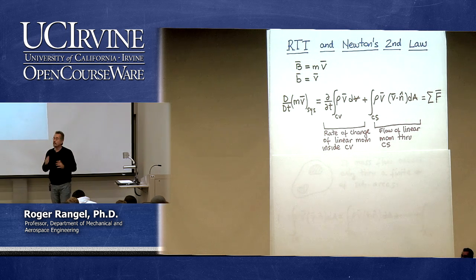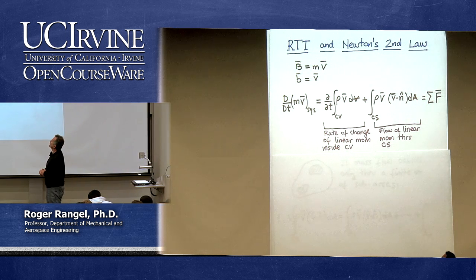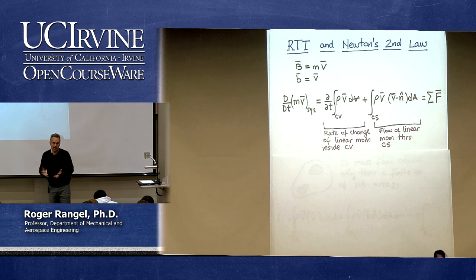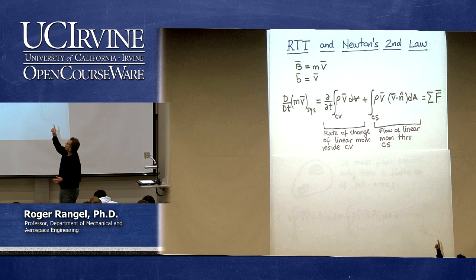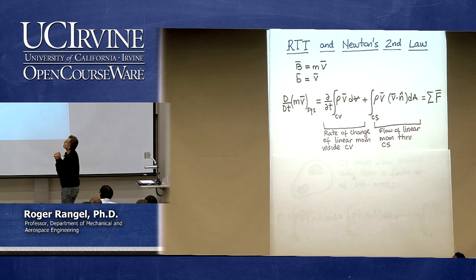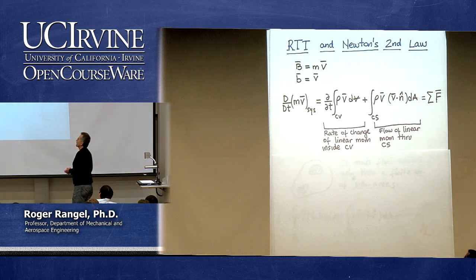It's a time derivative, so that's where the time rate of change comes in. And what's inside, of course, is the integral of all the linear momentum inside the control volume. So you take rho times v times differential volume. That's the linear momentum of a small piece inside the control volume. Small differential volume, you integrate it as the whole linear momentum.